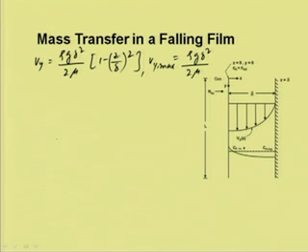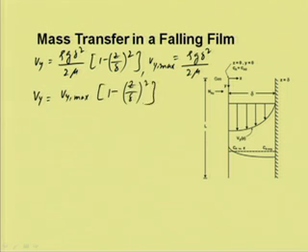So, if we take the ratio V y by V y max, we can write V y will be V y max into 1 minus z by delta square. So, V y max again will be 3 by 2 V y average. We have calculated V y average, so the relation between V y max and V y average will be this.